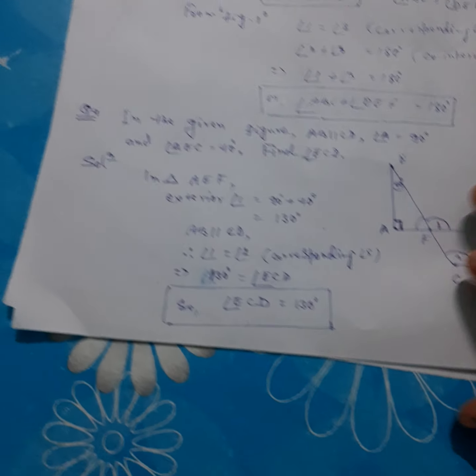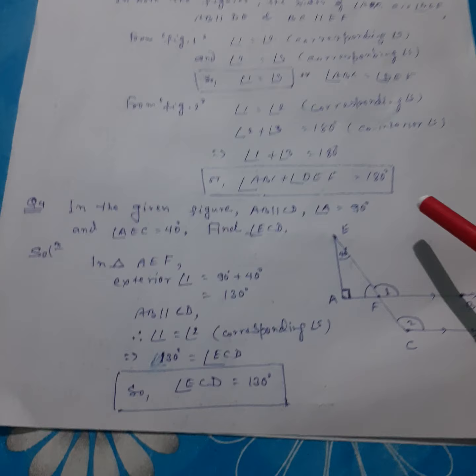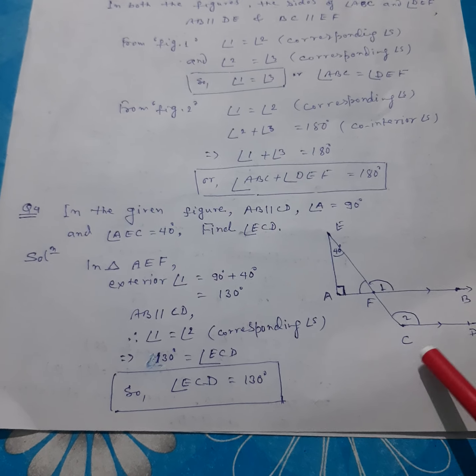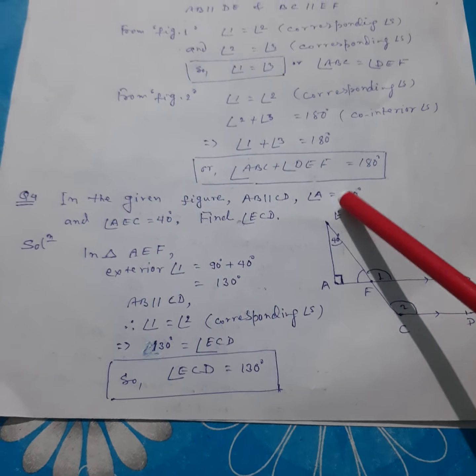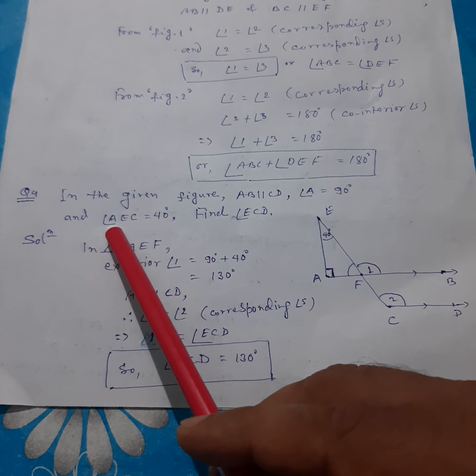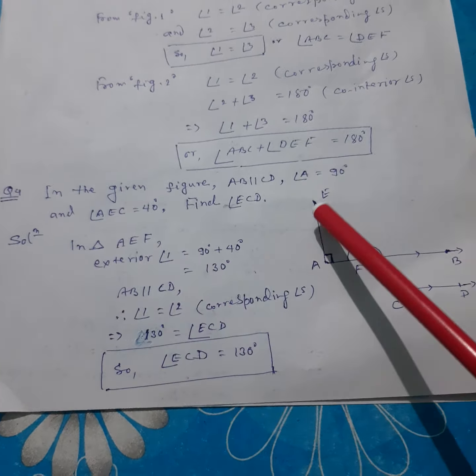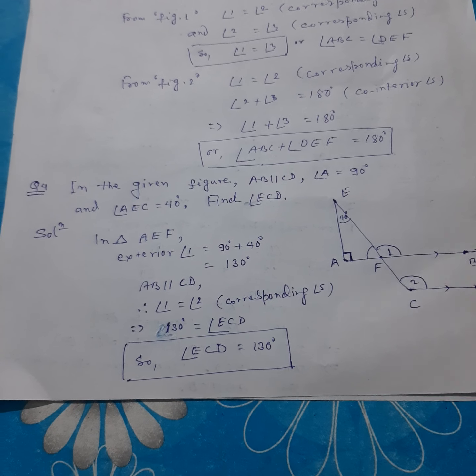Now we discuss the next question. Question number 4. In the given figure, AB is parallel to CD. Angle A, that is AEC, equals 90 degrees. We have to find angle ECD.